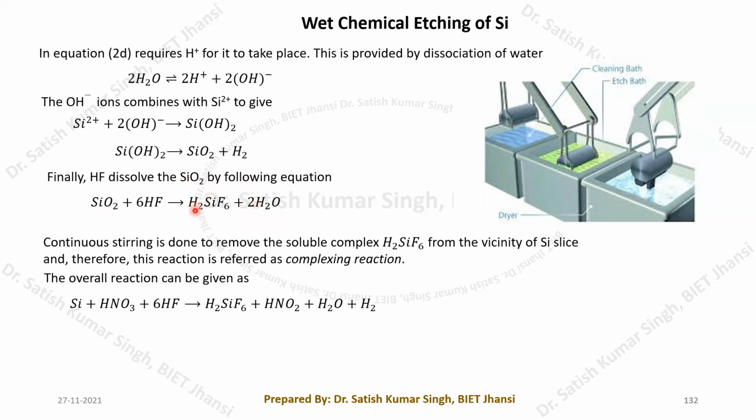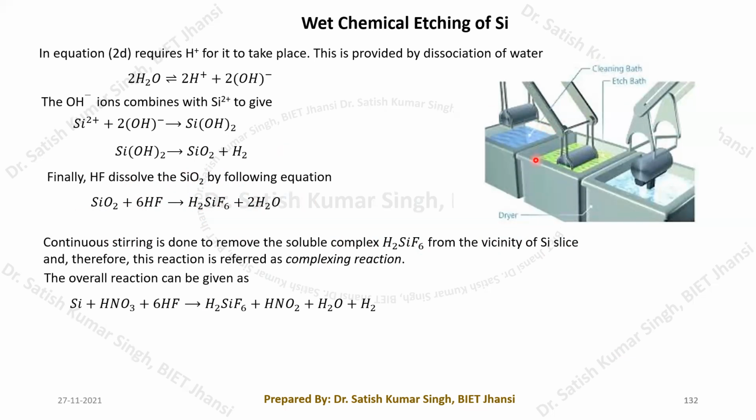After stirring, H2SiF6, a soluble complex, can be removed from the vicinity of your silicon slice. So this way we perform our wet chemical etching.